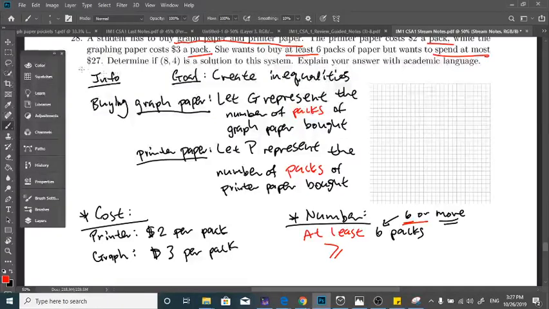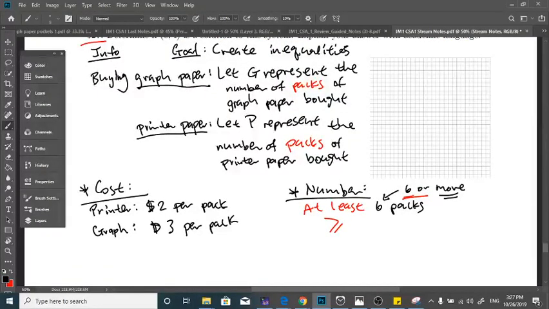And then what else do we know? Spend at most $27. So at most $27. So at most means that you're saying like the biggest number is 27. El número más grande es 27.